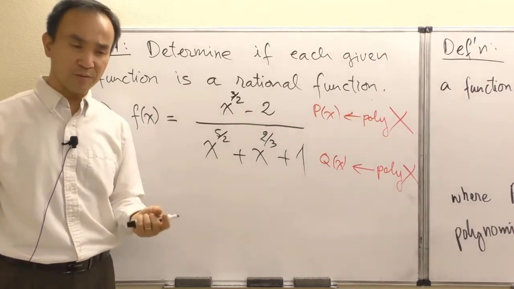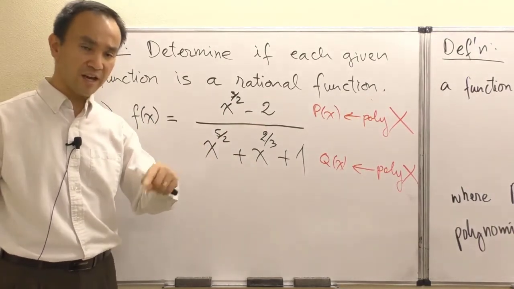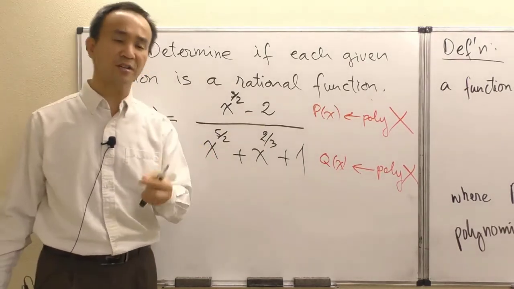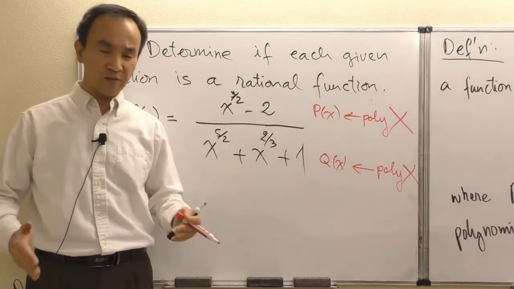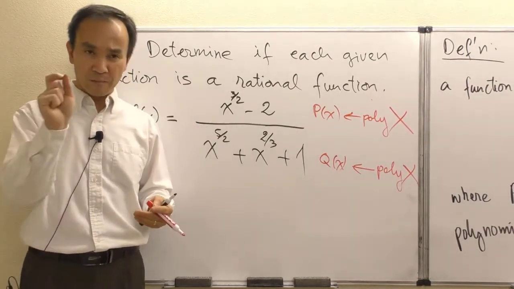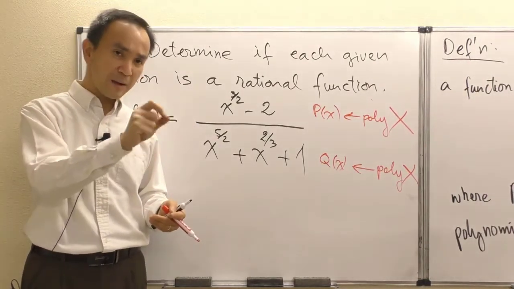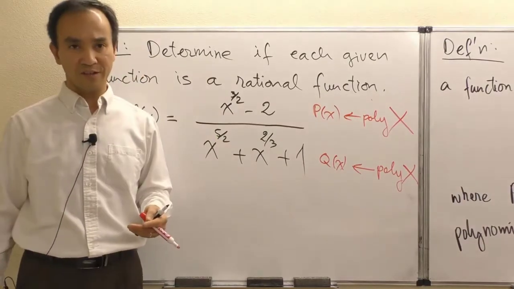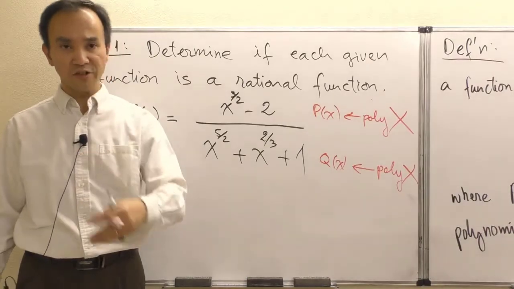So any one of these fails being a polynomial, because recall from our lecture about polynomials, we want to focus on those power functions where the powers are non-negative integer values.